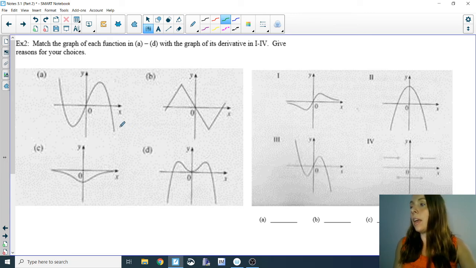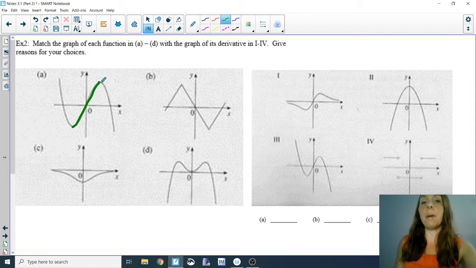In A, I can see that from this point to this peak right here, that part of my function is increasing. So what I'm looking for over here to match the graph of the derivative is where do I have a graph that in this specific interval, it is above the x-axis, it's positive.